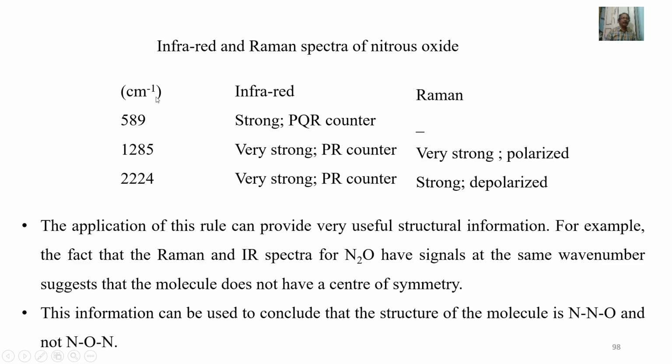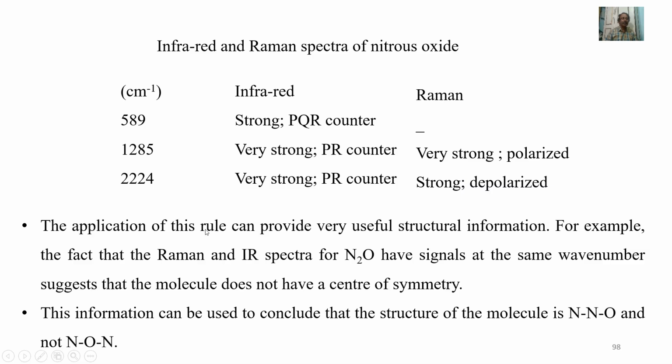For the next one, 1285 per centimeter: for infrared, it is a very strong PR contour, and it also has a very strong polarized line in the Raman spectra. And for the last one, 2224 per centimeter: for infrared, this one is a very strong PR contour, and the Raman spectra also show a strong depolarized line.